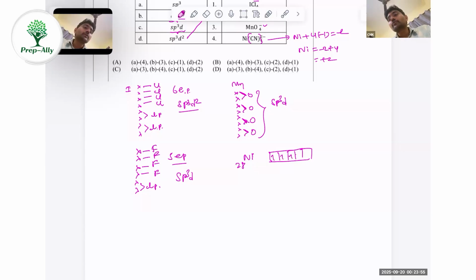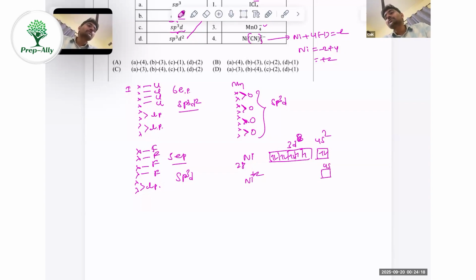After argon, 10 electrons are there, so 3d8, 4s2.